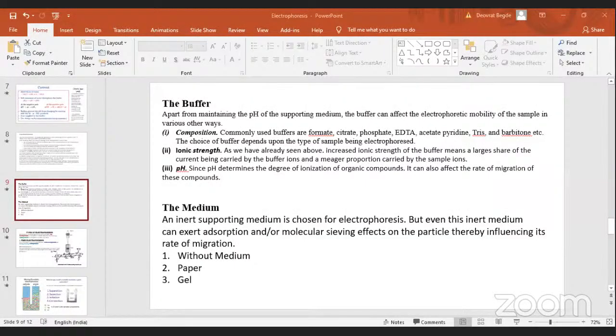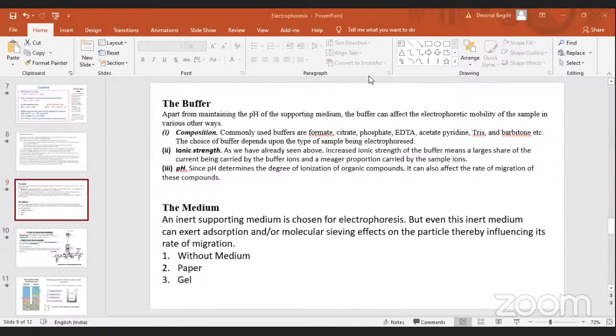control the electrophoretic mobility of a molecule, internal factors as well as external factors, in which we talked about the charge, status, size, shape of the molecule as internal factors affecting electrophoresis.